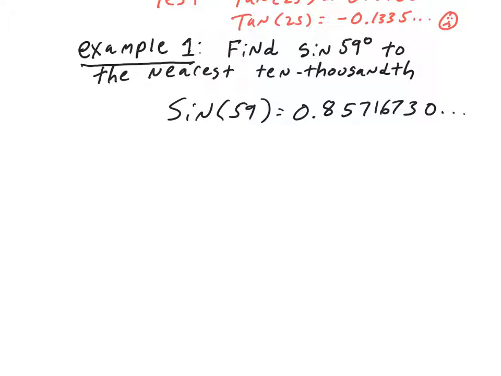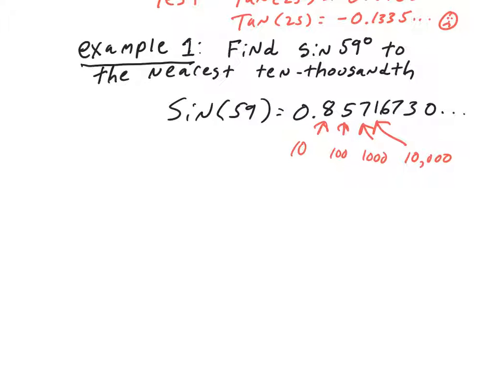Okay, so which of those is to the 10,000th place? The number right after the decimal, that's the tenths. Then we have the hundredths. We have the thousandths. And so that fourth number after the decimal, that's the one we're rounding to. That's the 10,000th place.